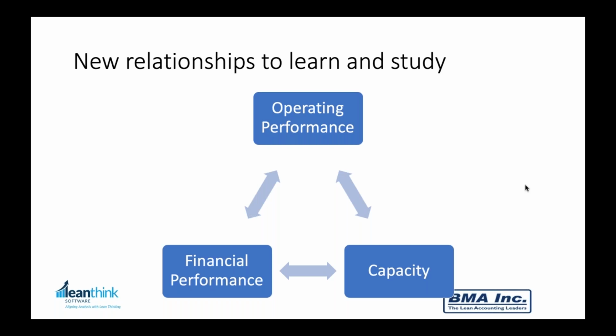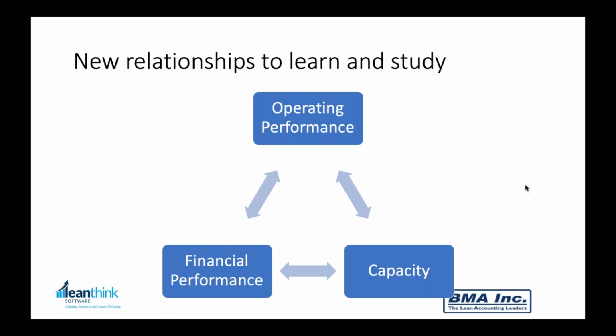And so the box score is not just a financial tool, it's a learning tool, so that all people in the organization, value stream managers, lean leaders, finance people, senior leaders can learn these new relationships because they're all interdependent on one another.